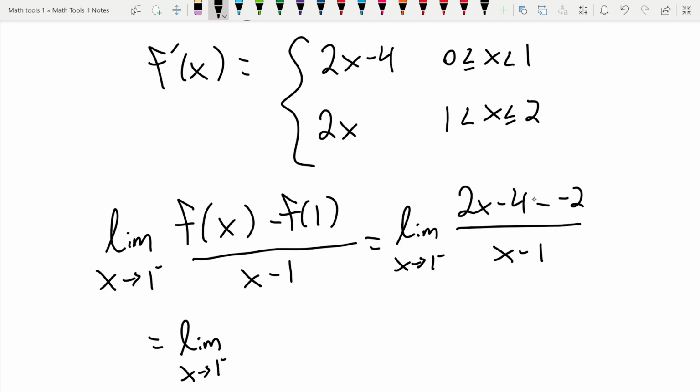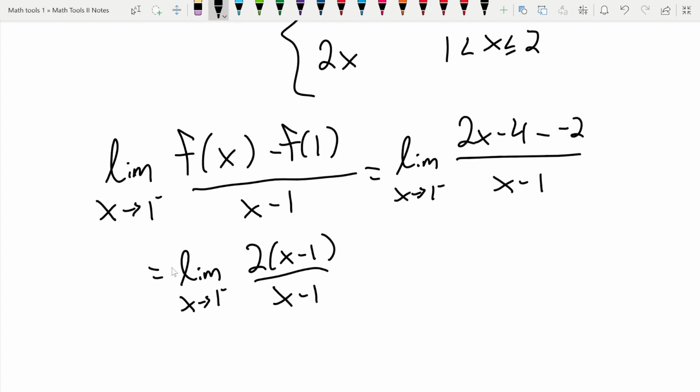This is 2x minus 2, which is 2 times x minus 1 over x minus 1. So here the x minus 1s will cancel, of course, so we'll just get 2. Okay, so that side worked out pretty nicely.